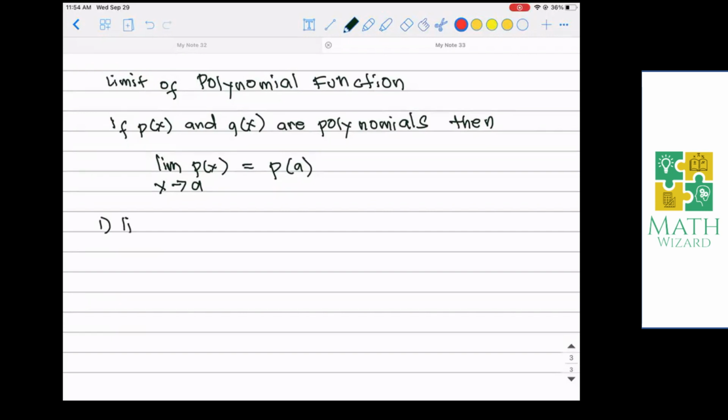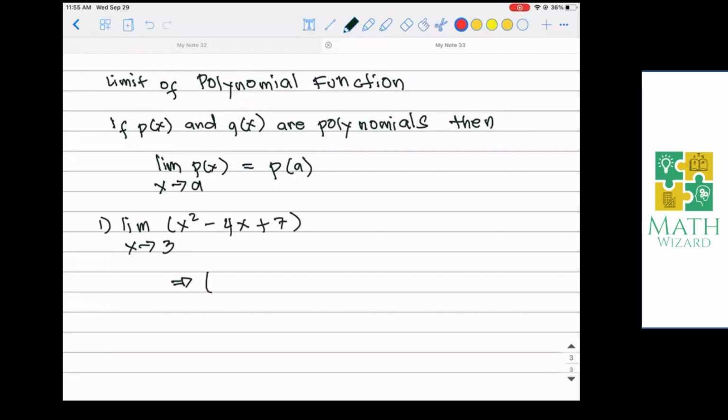So ito siya. Let's say the limit of x squared minus 4x plus 7 as x approaches 3. So given this polynomial function, para ma-solve siya ng madali, yung 3, sinosubstitute lang natin sa function.